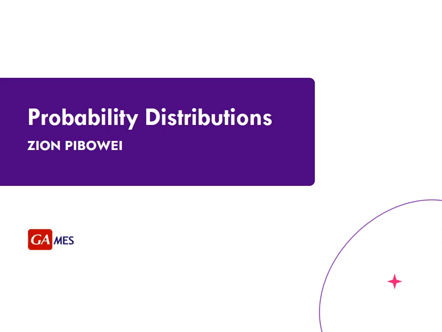Are you with us, Victoria? Okay, but you can hear me now. Can you go ahead and answer the question? Victoria, the question is, what do you understand by a probability distribution?